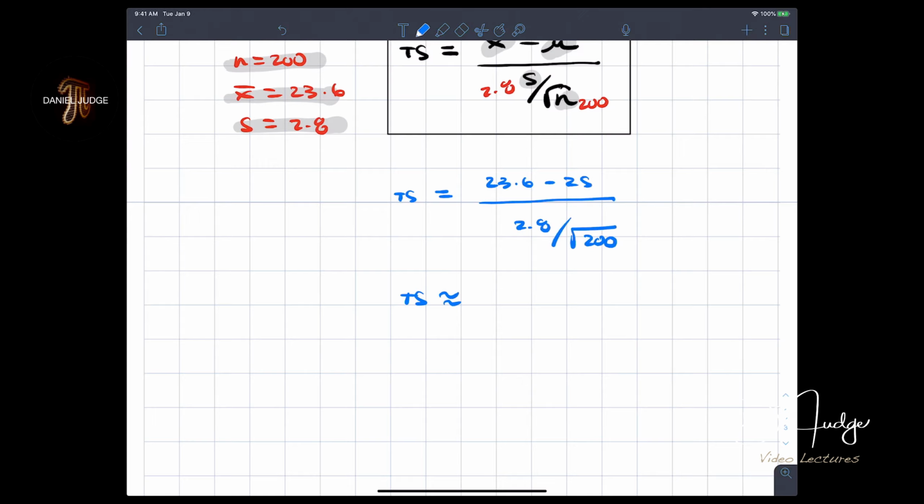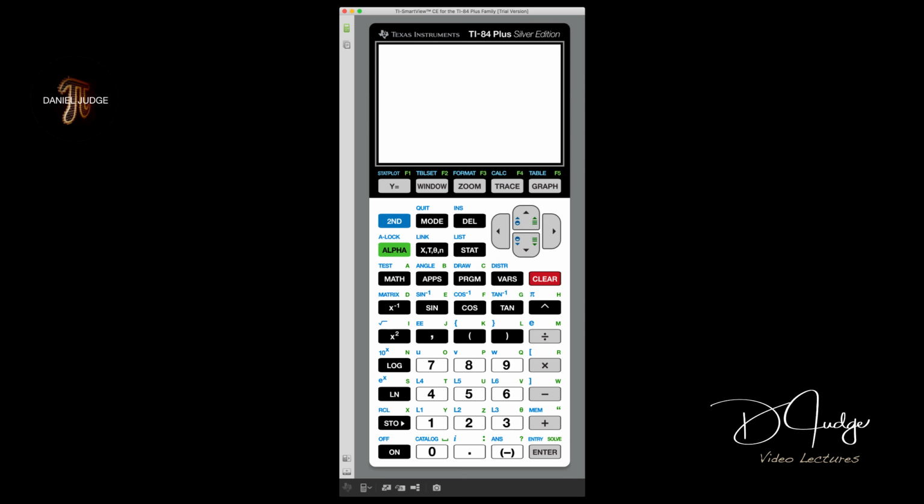Now we're going to have to use the TI here. In the numerator, I put a parentheses, then 23.6, that first number, minus 25, and I close the parentheses. I do this because I'm telling the calculator I have some work to do in the numerator.